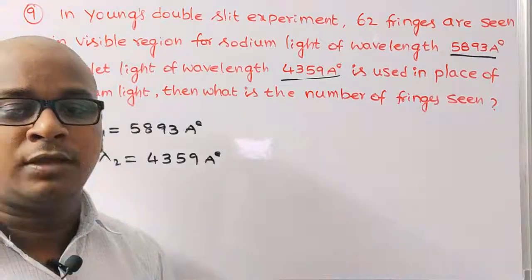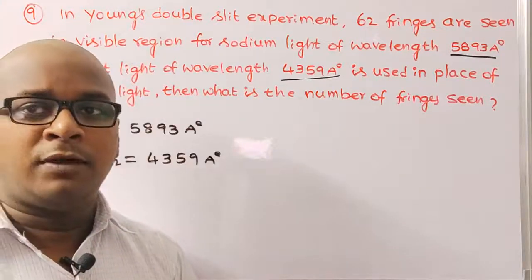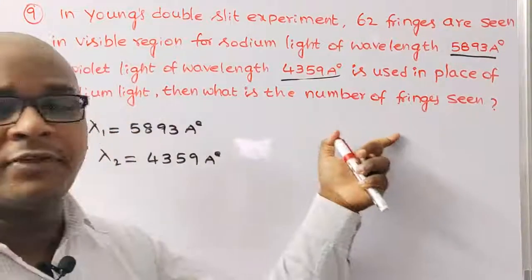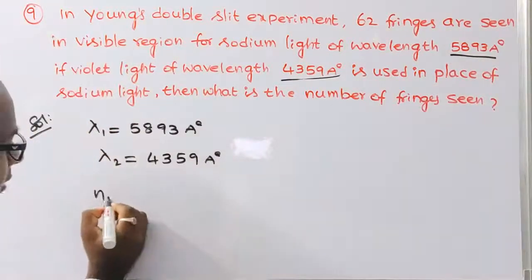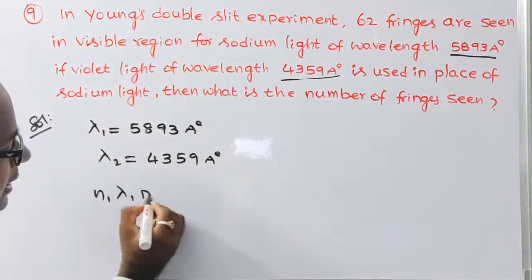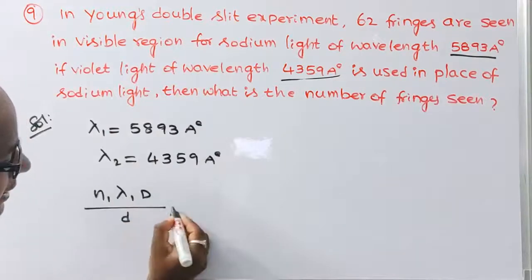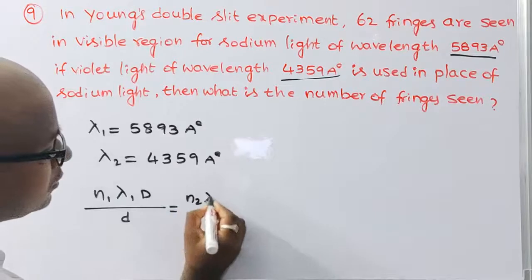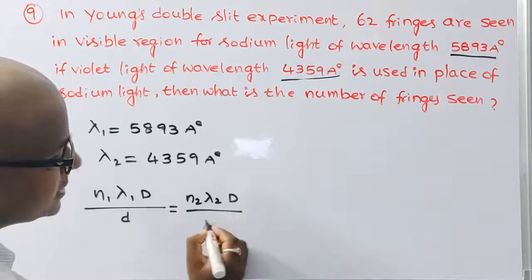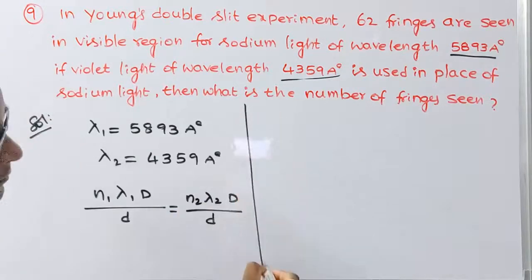In this problem, find the number of fringes. The formula is n1 lambda 1 D by small d is equal to n2 lambda 2 D by small d.